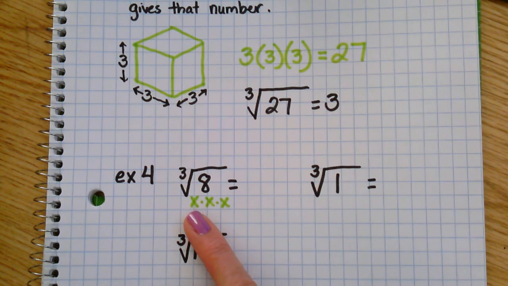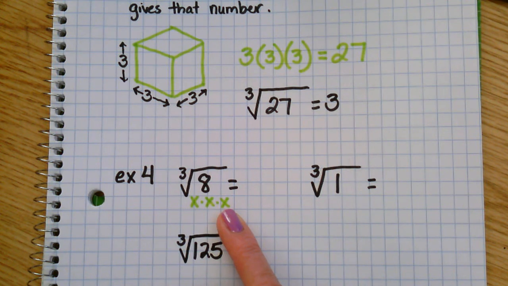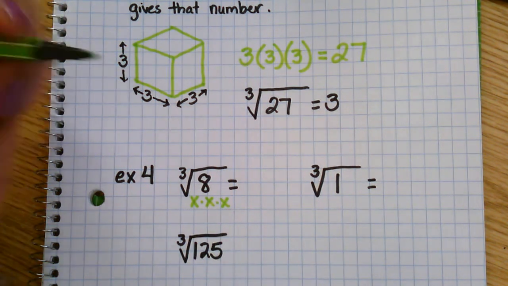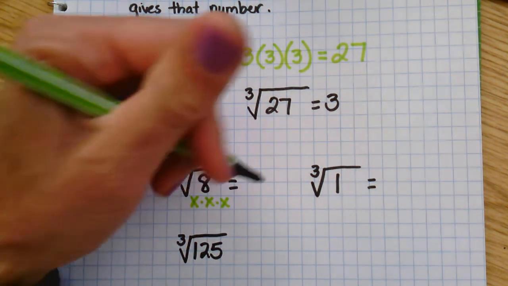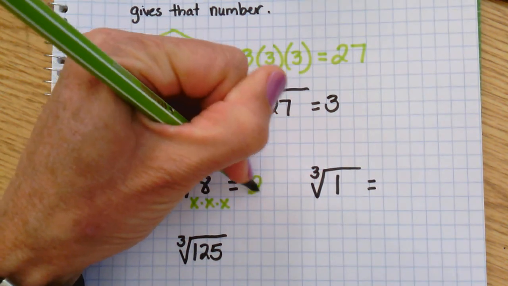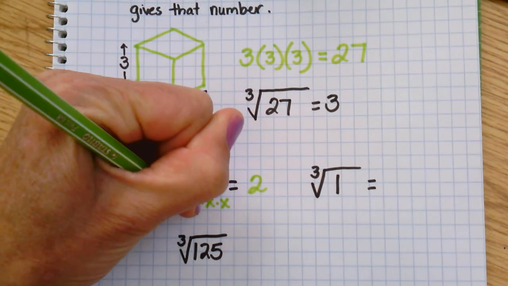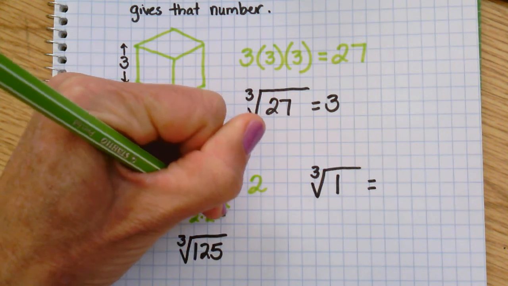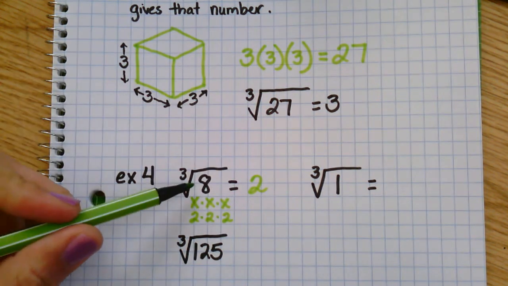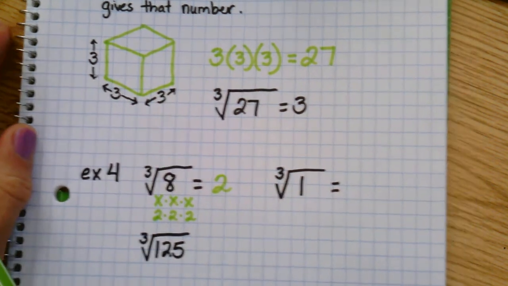If we multiplied 2 times 2, that would equal 4, and times 2 again, that equals 8. So the cube root of 8 is 2, and instead of x's, we know that 2 times 2 times 2 equals 8.